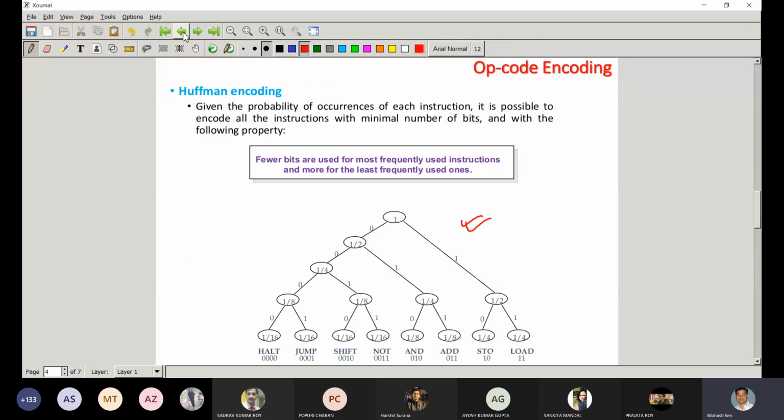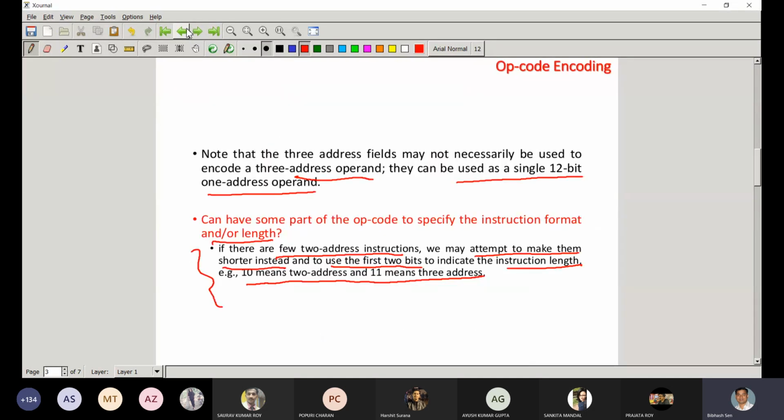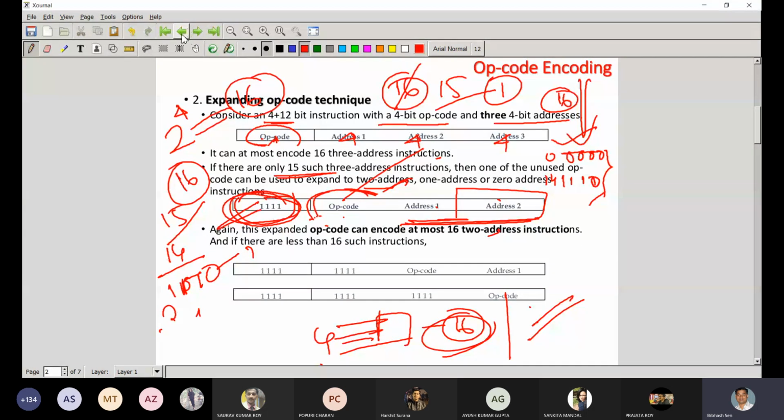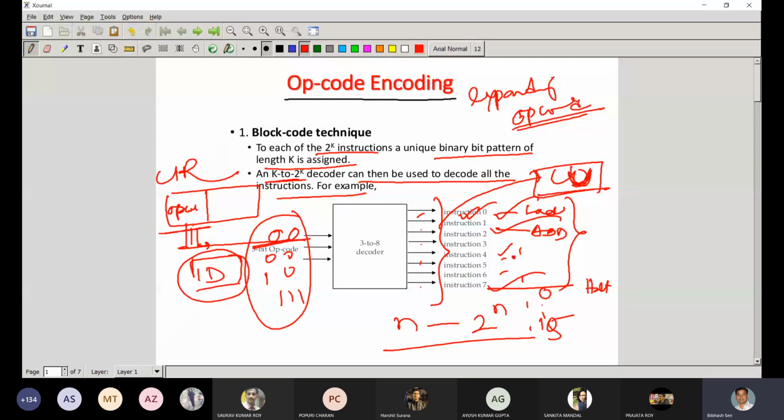That means I told that in earlier cases, in fixed length format, for some particular instruction, if you have 0001, a specific instruction will be executed. So you know some specific length, but in the expanding opcode format, the length will differ.